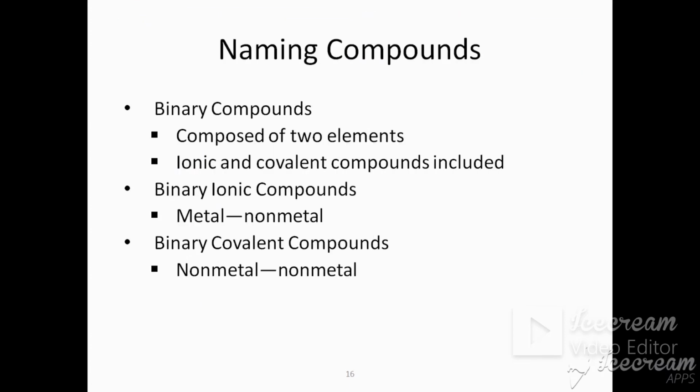Naming compounds. Binary compounds are composed of two elements, ionic and covalent compounds included. Binary ionic compounds: metal and non-metal.